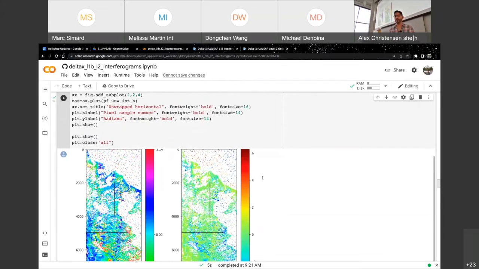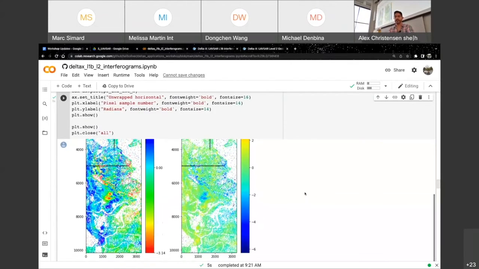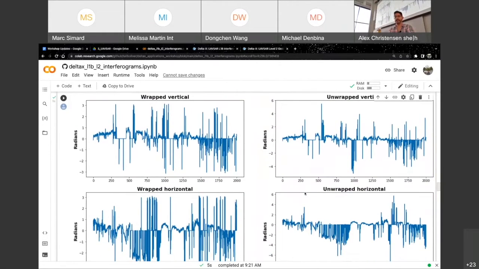So these are two profiles that we can compare and take a look at the phase changing in those areas. We use this same method for the time steps. We plot the same again, and then we just plot the profiles.